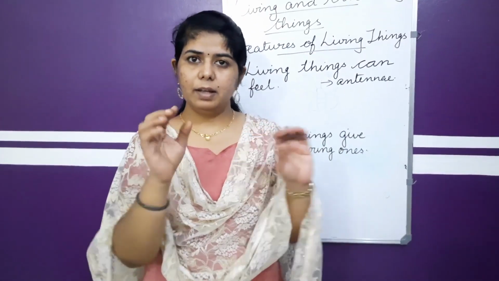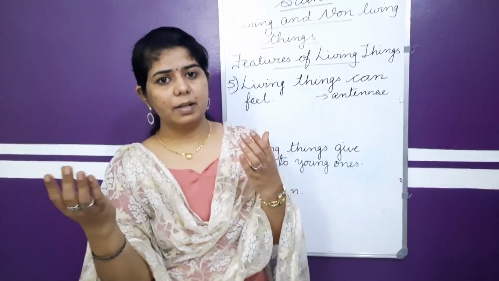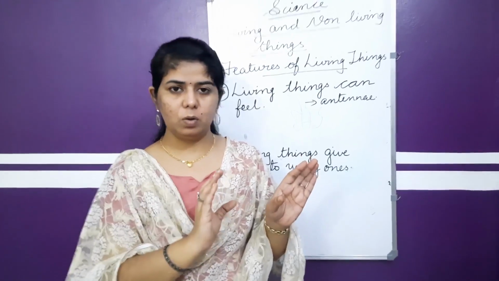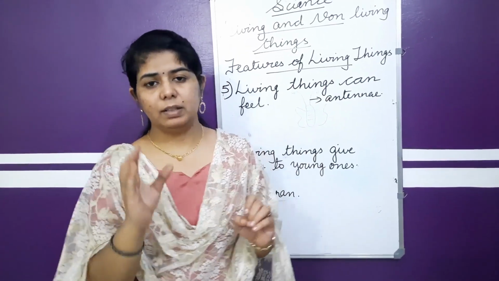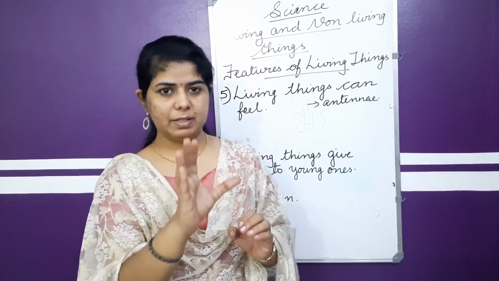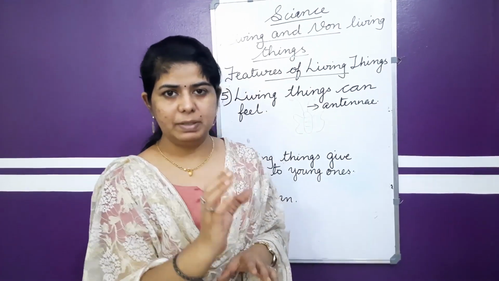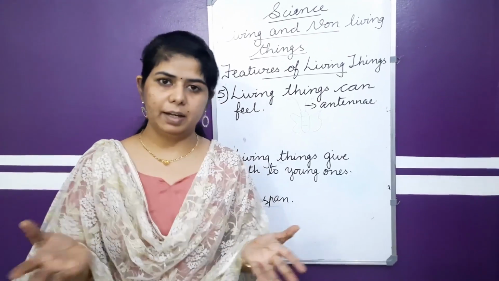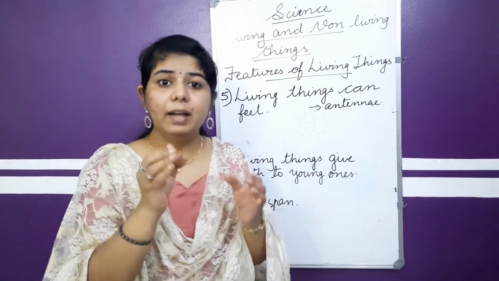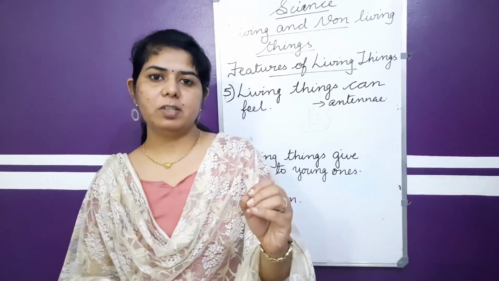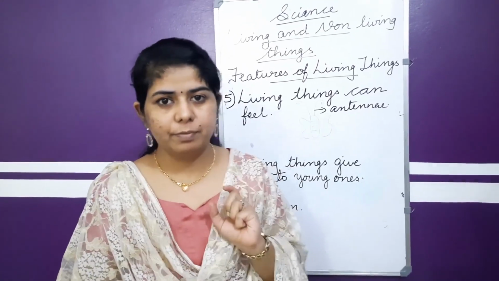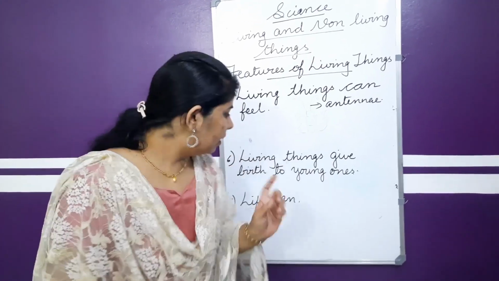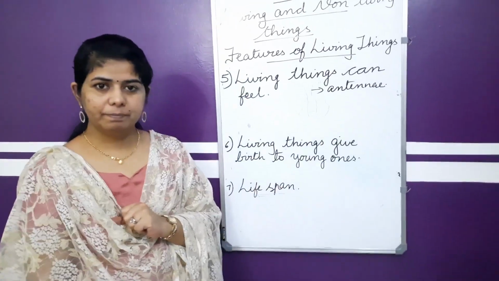But some plants, after some years, will die. All the living things have a specific limit. After that, they will die. That time limit up to which a living thing can live is known as the lifespan.